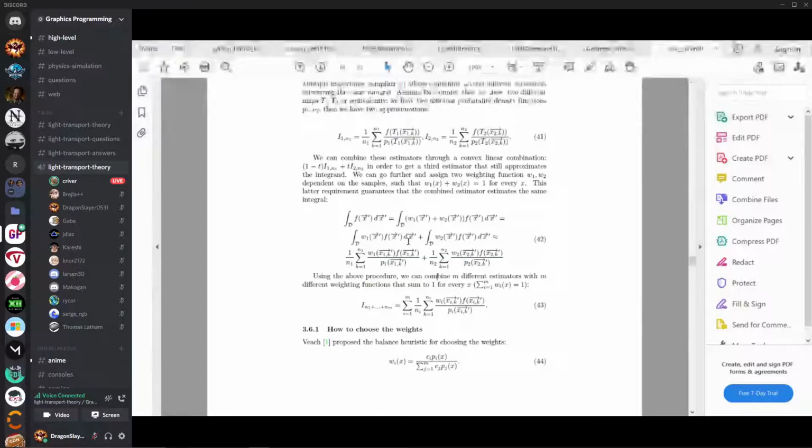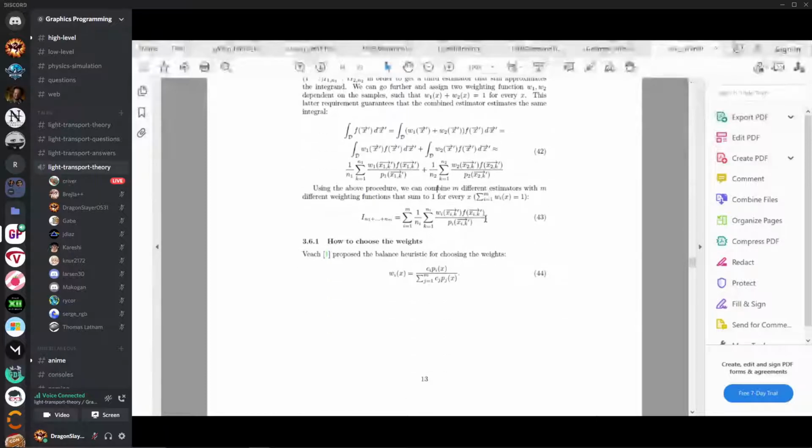For example, if you're trying to mix a solid angle strategy and an area strategy, which would be, say, if you sample lights and you sample the BSDF, that's a problem. There is a way to convert between the two probabilities, but you would have to convert both probabilities to the same measure, either with respect to area or with respect to solid angle.